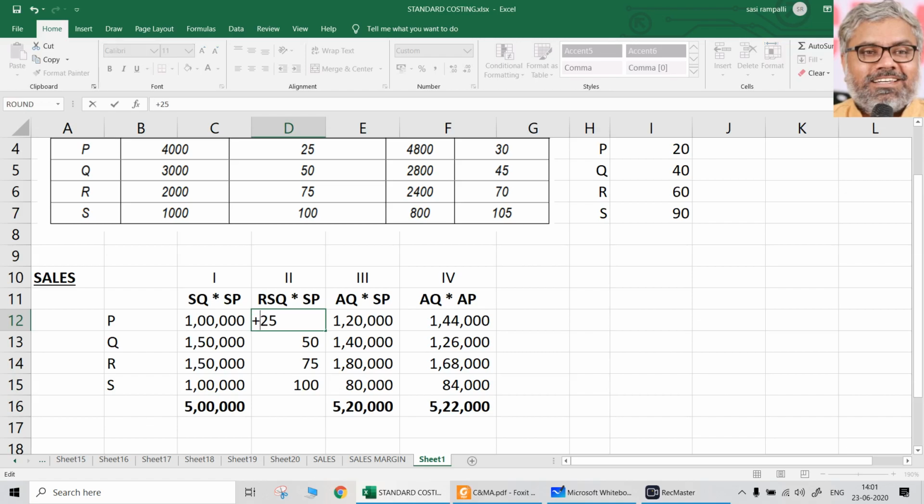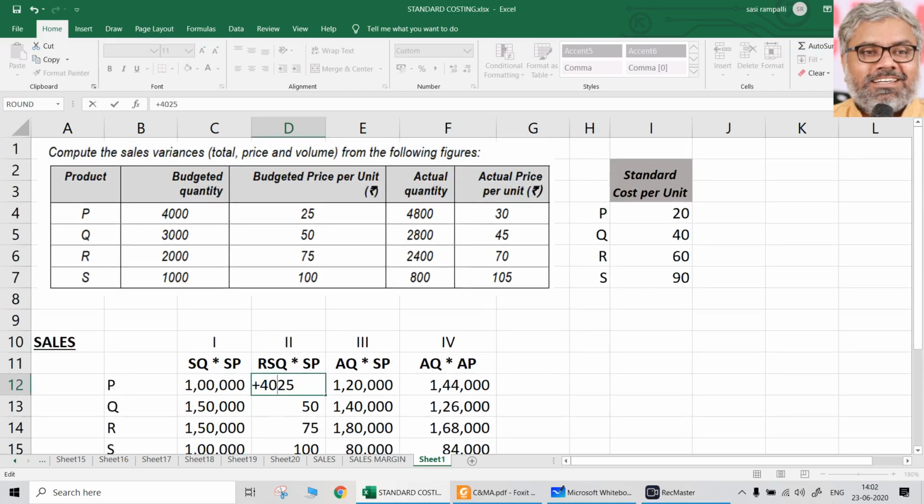So what is RSQ here? Standard quantity, which is 4,000 into 10,800 divided by 10,000. So that is RSQ SP. If you want to calculate RSQ separately, you can do that also: SQ into total of actual quantity divided by total of budgeted quantity, which is 10,800 divided by 10,000, 1.08.